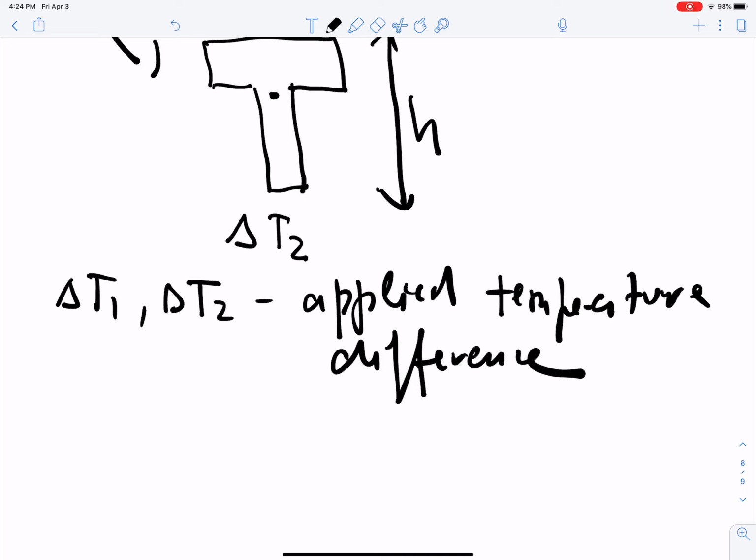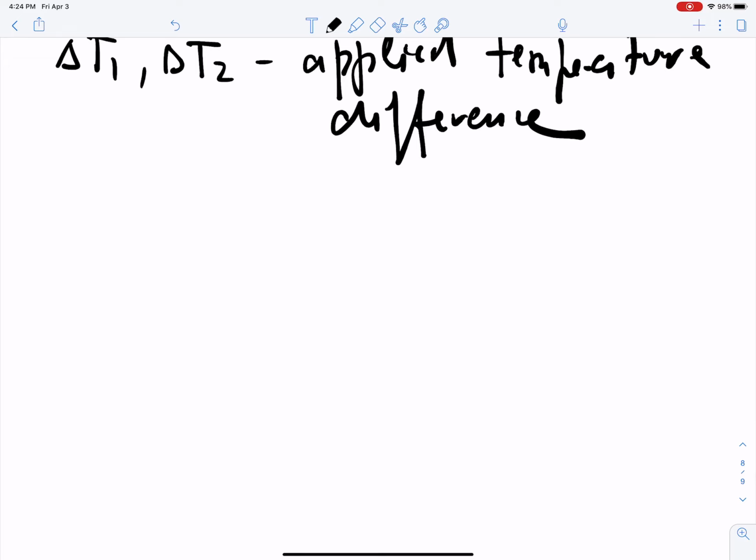So again, think about a large structure and a large beam. The top side is, for example, exposed to the sun, and the bottom side is exposed to the interior of a building or some other structure. And certainly, in that case, one can think of delta T2 as being smaller than delta T1. So the whole structure is not heated up uniformly, but you assume that there's some temperature gradient. So let's take a look at that gradient.